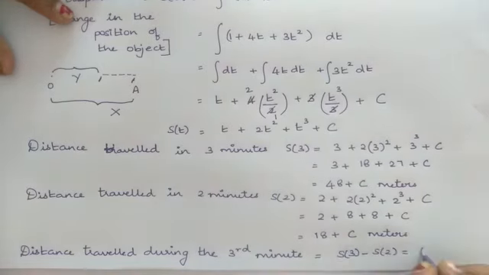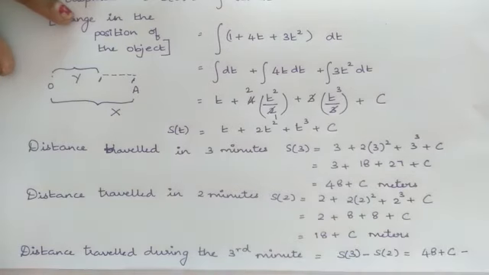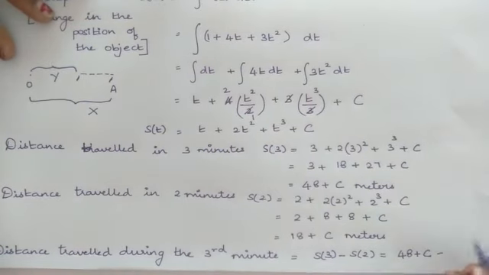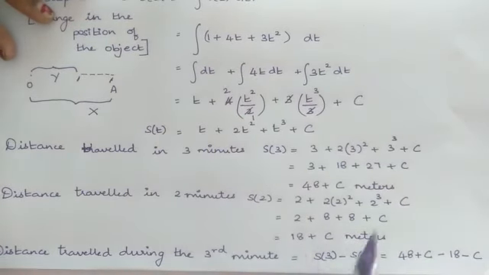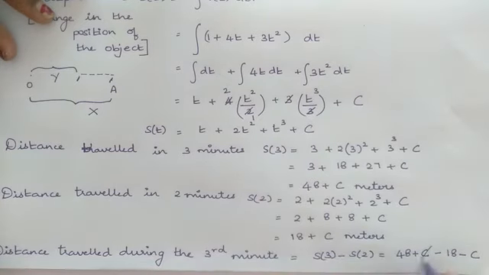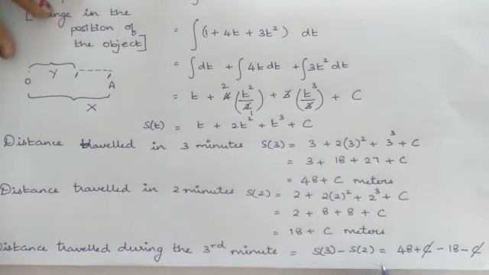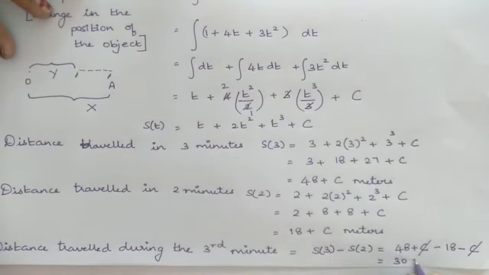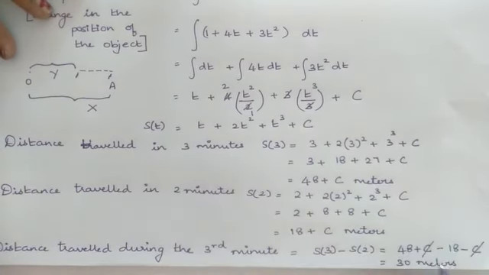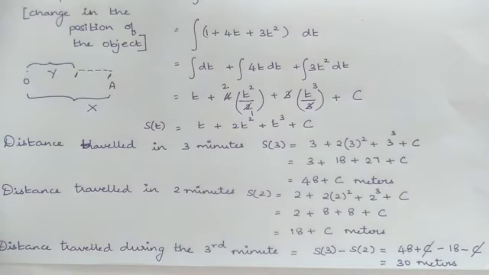So 48 plus the integral constant minus 18 plus c. The plus c and minus c get cancelled. 48 minus 18 will be 30 meters. So 30 meters is the distance traveled during the third minute. That's it. Thank you.